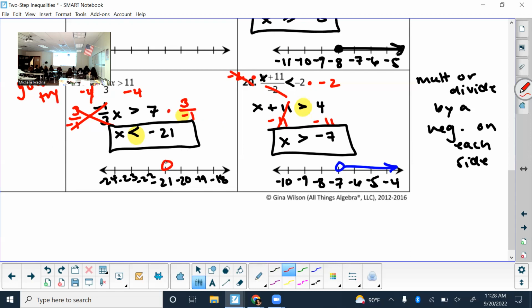Open, because it doesn't have that little line underneath. So -21 is not included in the answer, so it's open. And should it go to the left or to the right? To the left, that's where the numbers are smaller than -21. Good, any questions? Any other requests on the note sheet before I let you practice on your own?